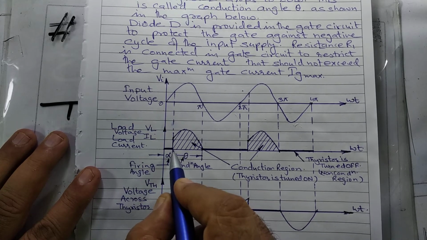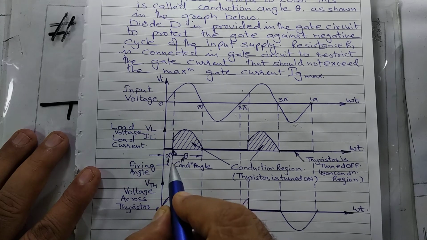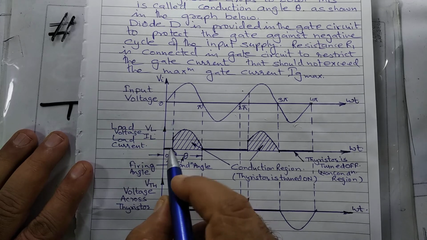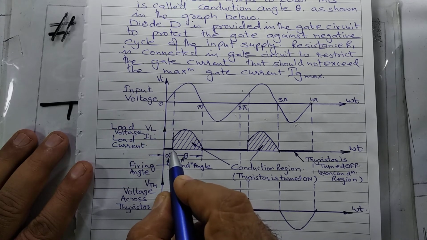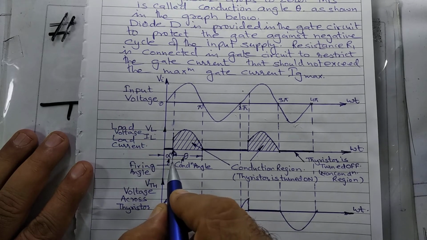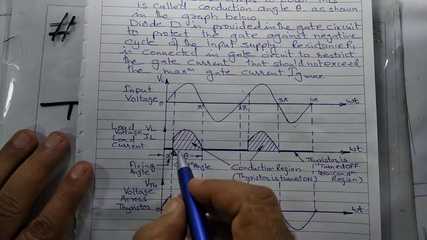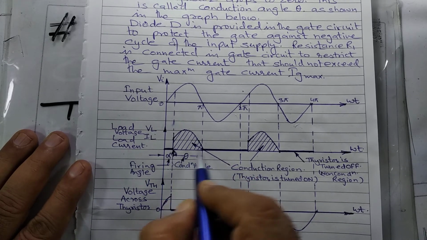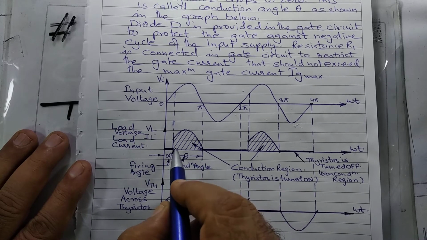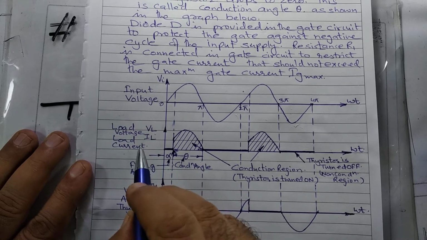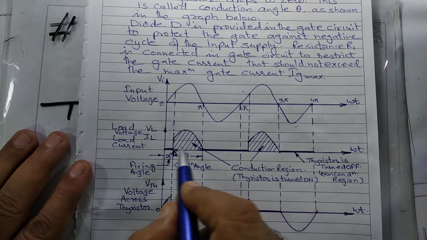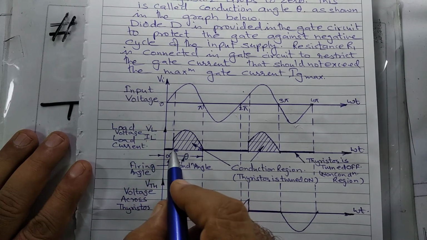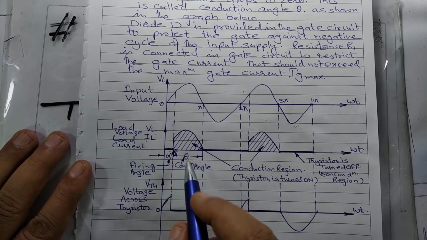At this particular instant, or we can say at this particular phase angle, the SCR is triggered on. When SCR is triggered on, the load voltage and load current are available across the load and through the load. So this voltage VL is available across the load and current IL is available through the load.